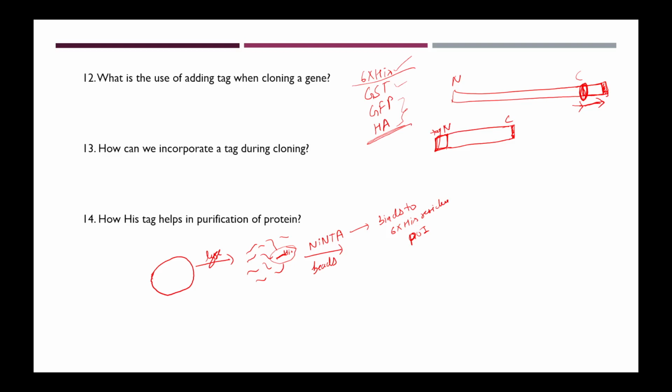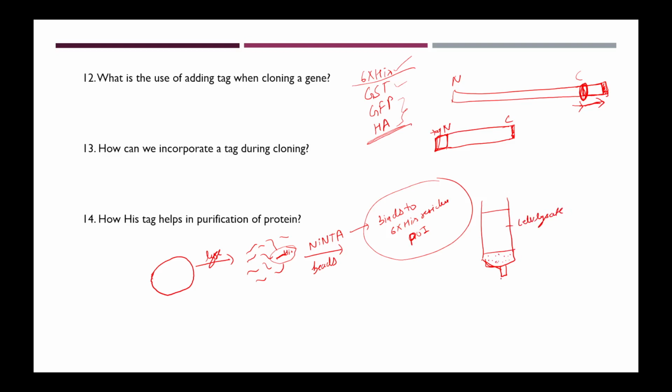Okay. And then after it binds to your protein, you run it through a column, suppose. Here you have your nickel NTA beads and all the cell lysate.